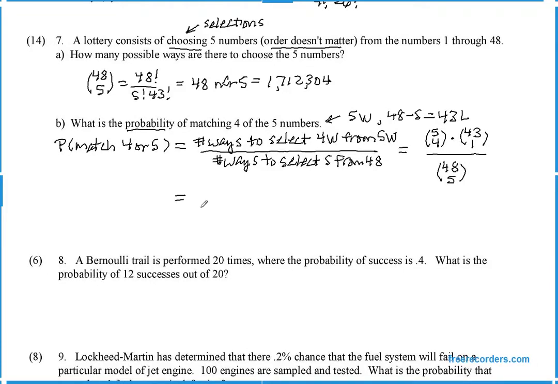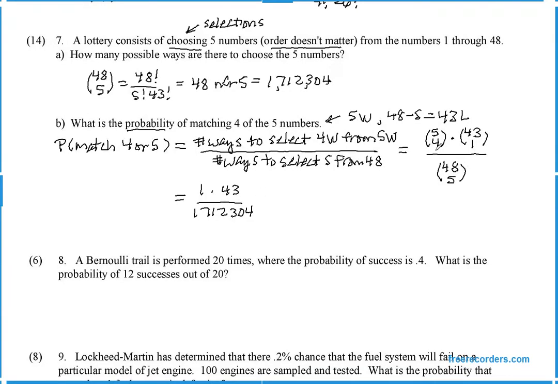So the denominator we already have keyed in. That is our 1,712,304. We did that in part A. And then the numerator, 5 choose 4. That is actually 1. And 43 choose 1 is 43.